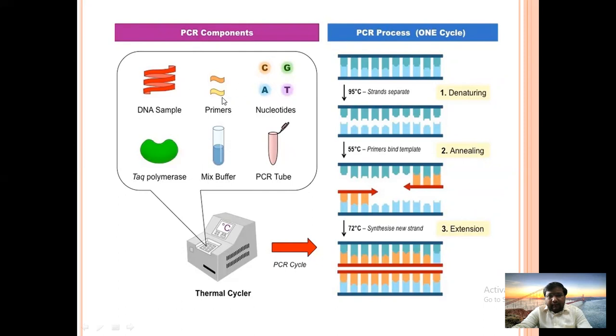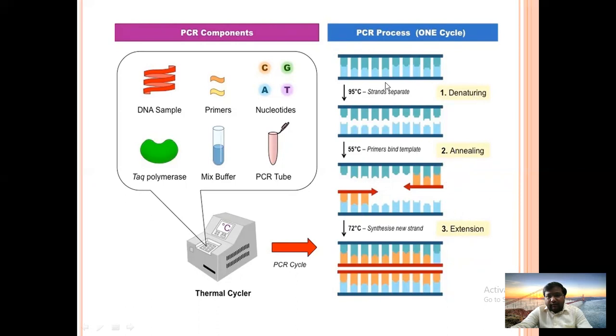All these components are mixed and put in this PCR tube, and this is a PCR machine, and these are the steps of polymerase chain reaction, that is, denaturation, where the two strands are separated, then annealing and extension.